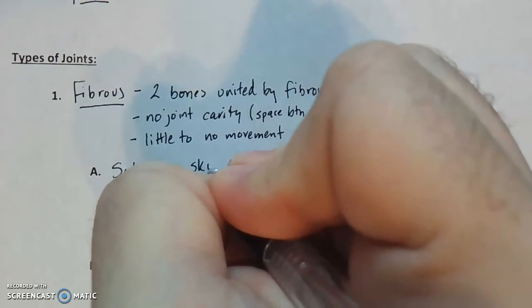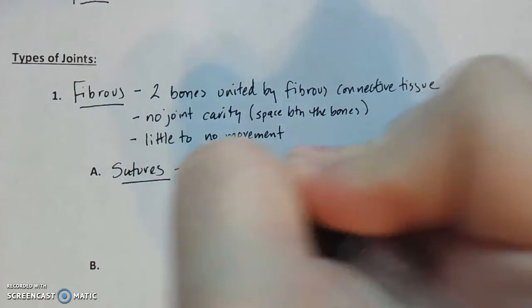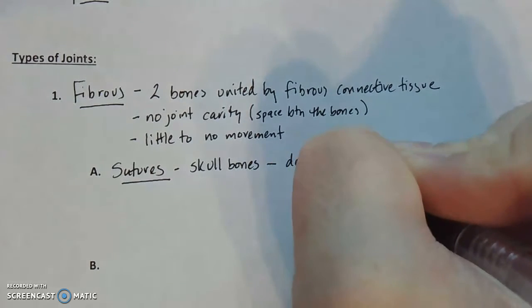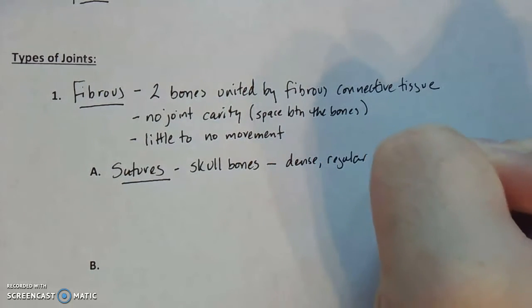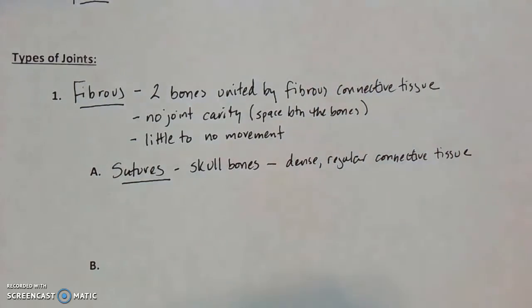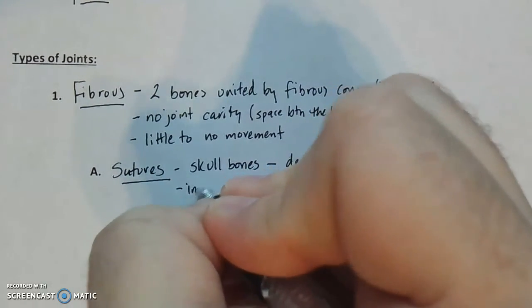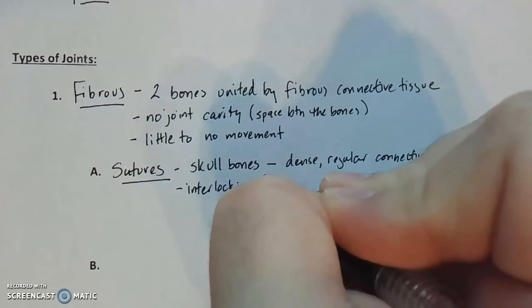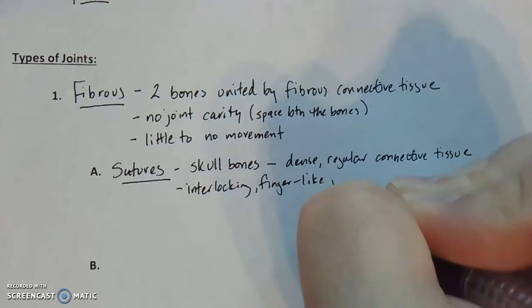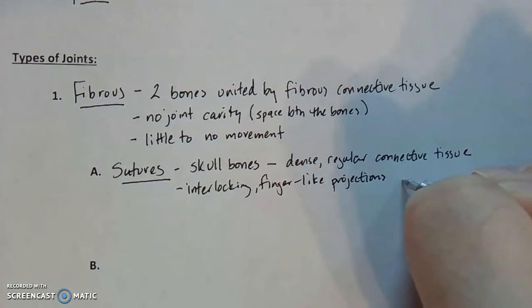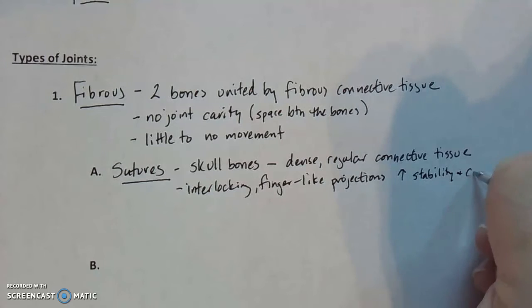So these were the skull bones, and we have dense regular connective tissue that links these together. They have interlocking finger-like projections, which we talked a little bit about when we talked about the skull bones, that increase stability and contact.